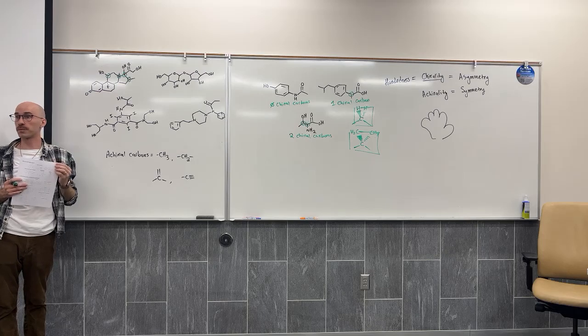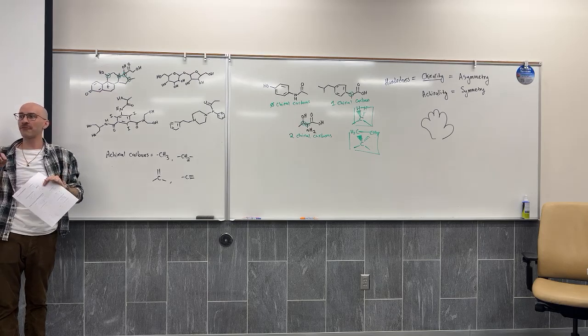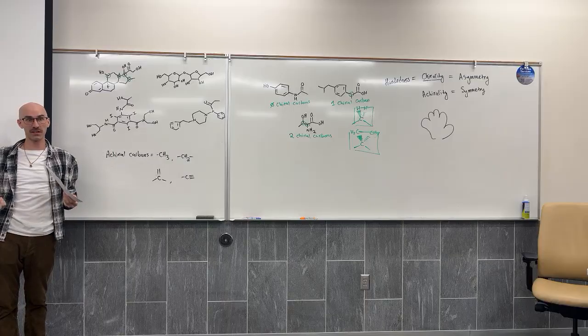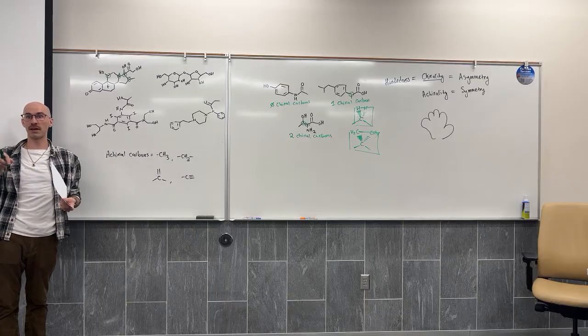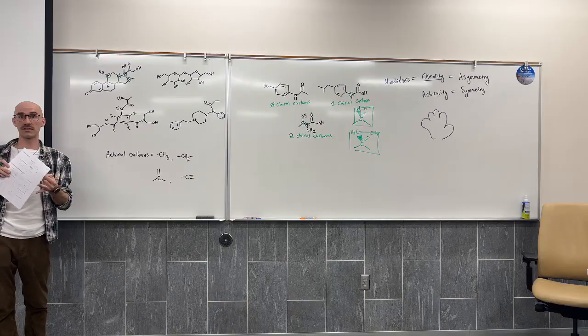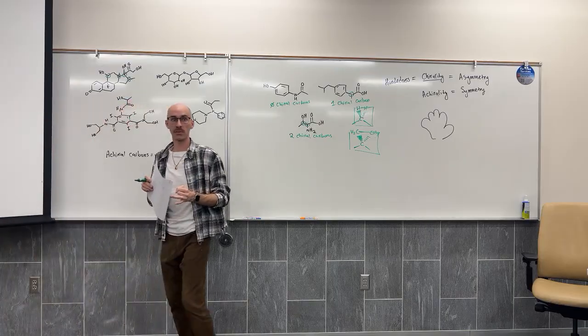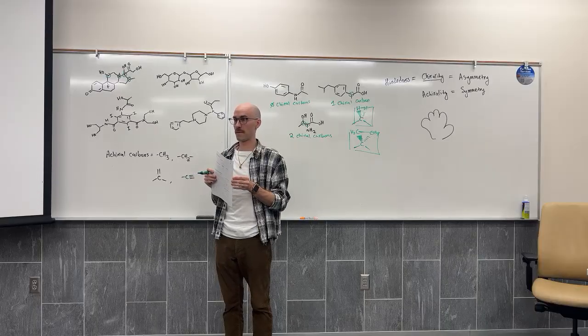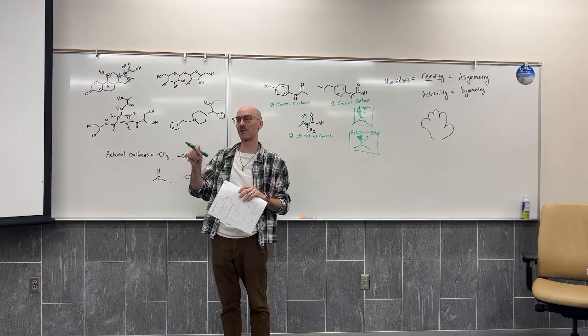4 different groups. And we don't have to work very hard to decide that they're different if we apply the regiochemistry terms that we have, like functional groups and degrees of substitution. Surprise, surprise, that's why I taught it to you. That's why we don't say a chiral carbon has 4 different atoms.